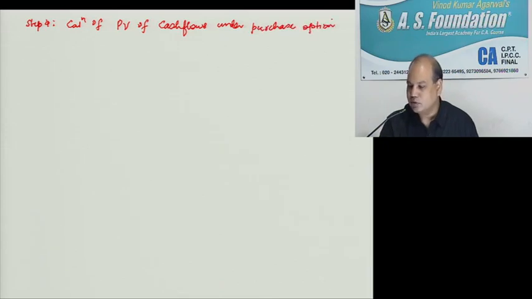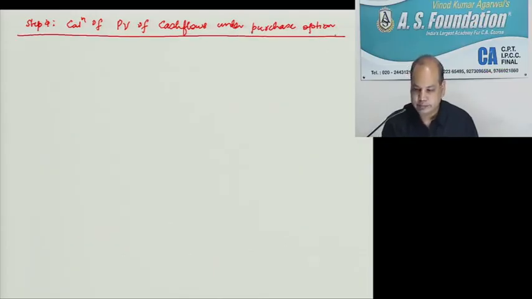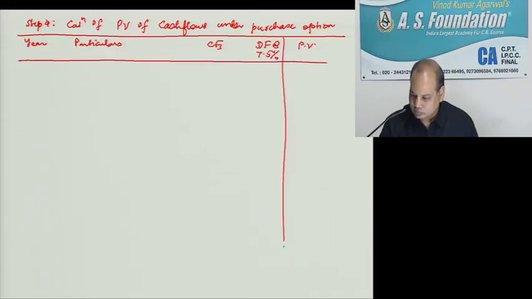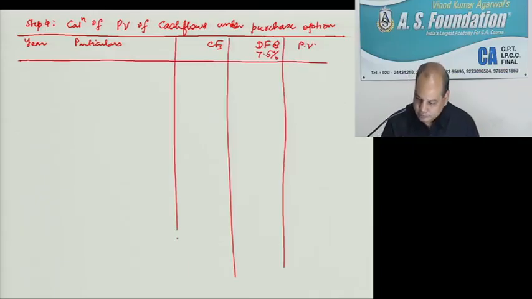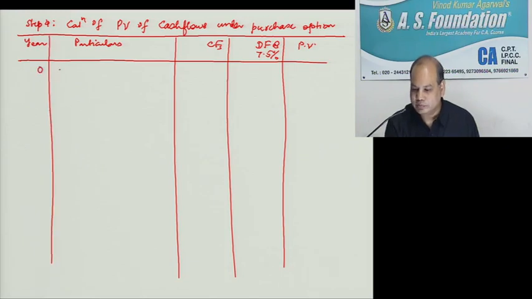Write down year, particulars, cash flows, discounting factor at the rate of 7.5%, present value. In year 0, write cost of machine. Is it 1,10,000? Year 0.